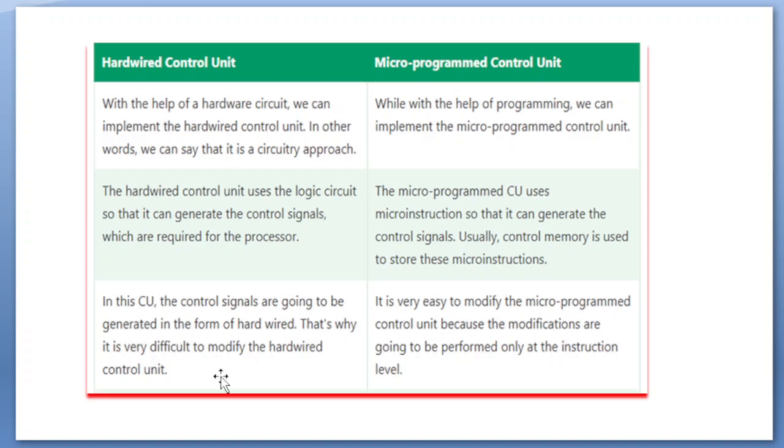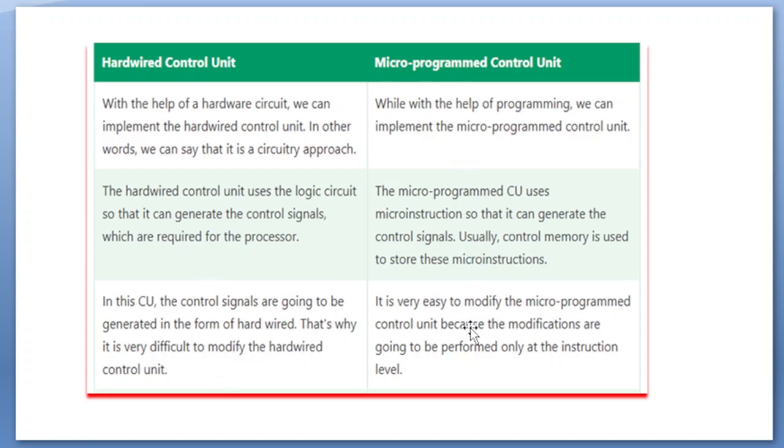For example, assume in our houses we have a washing machine. Its control signals we can't modify. Whatever functions are already implemented, only those we can perform. We can't add other functions to it. So you remember that.